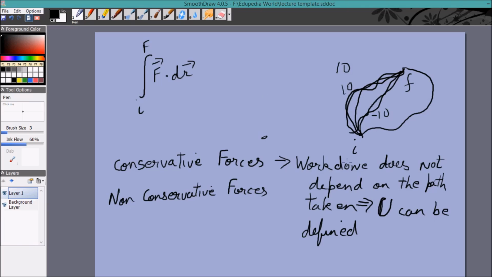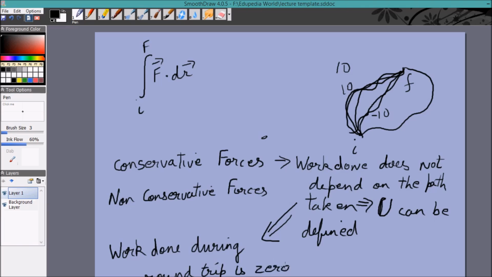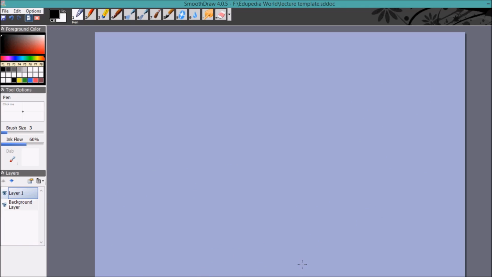Another way of saying the work done does not depend on path is, we could also say that work done during a round trip is 0. Right?